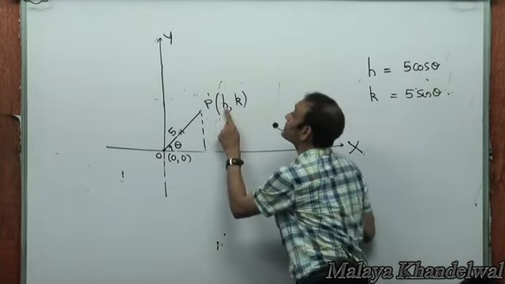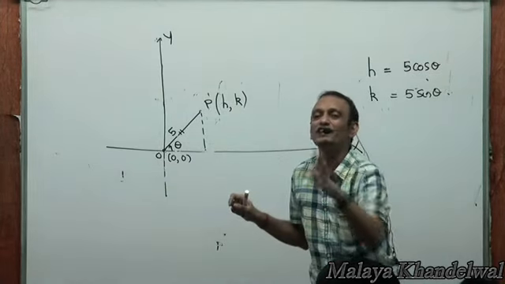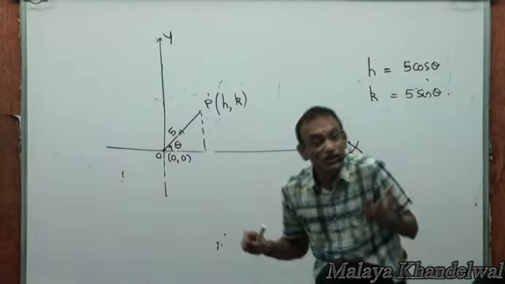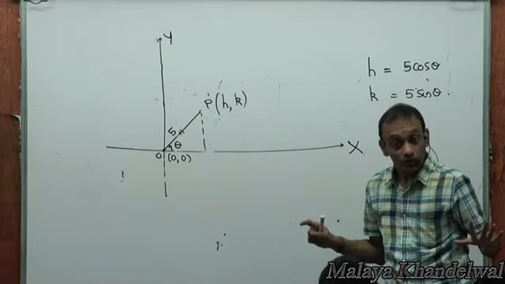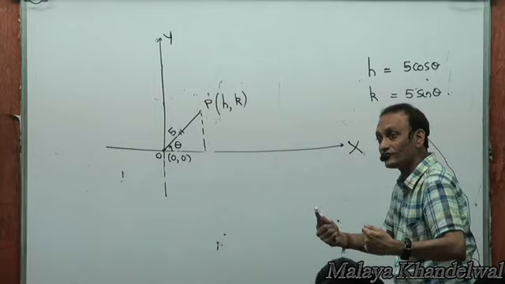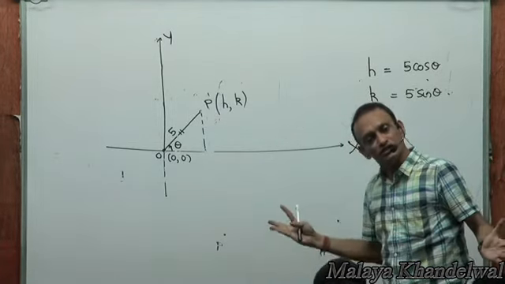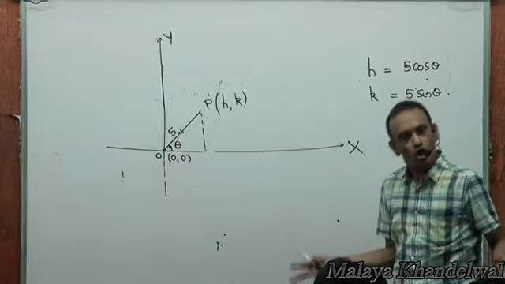I'm trying to connect the x and y coordinates of the moving point such that there is no theta involved anywhere. That's what I'm trying to do. That means I want to have a generalized relationship connecting the x and y coordinates of the moving point, which should be theta independent. That means true for all theta.